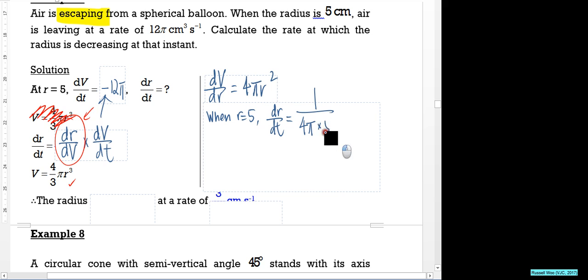What is r squared? 5 squared. Times dv/dt, which is negative 12 pi. You cancel. In the end, you get negative 3 over 25.